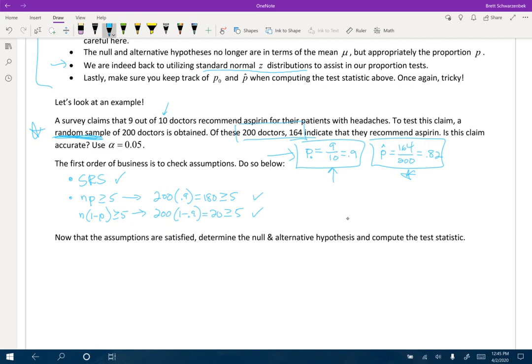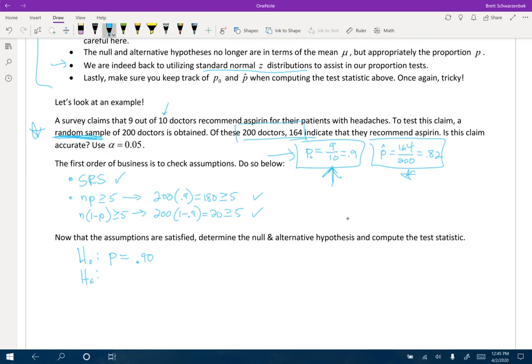Okay, so if the assumptions are satisfied, we can go ahead and see our first proportion hypothesis test. So again, we need a null and alternative. The null is always a statement of equality. Our population parameter has changed from mu to p. And now we're doing whatever the claim is. Well, p sub 0 is the claim, and it's that 90% of doctors recommend aspirin.